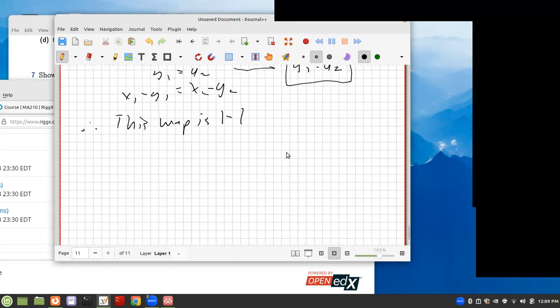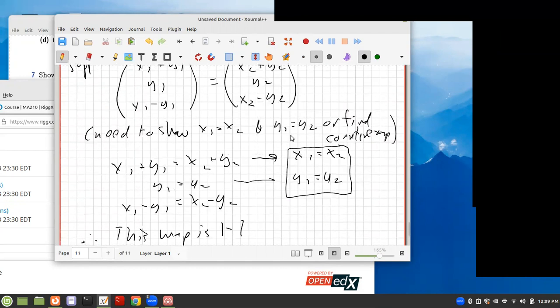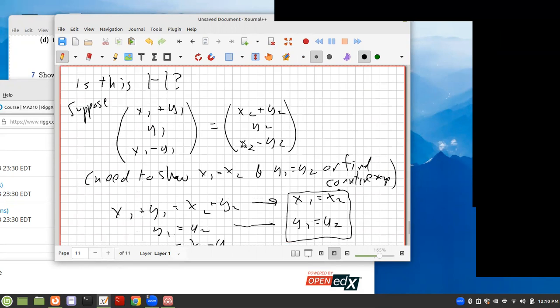Now, it turns out that we're going to find simpler ways. This is the way of verifying the map is one-to-one directly from the definition. You can see it's a little bit tedious because you have to generate all these variables. We're going to be able to determine whether a map is one-to-one in a much easier way once we develop some other ideas about what's happening with linear maps.